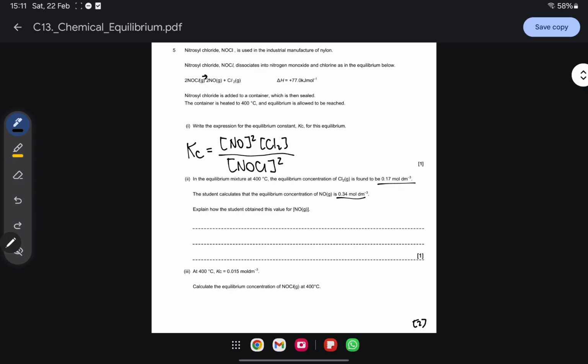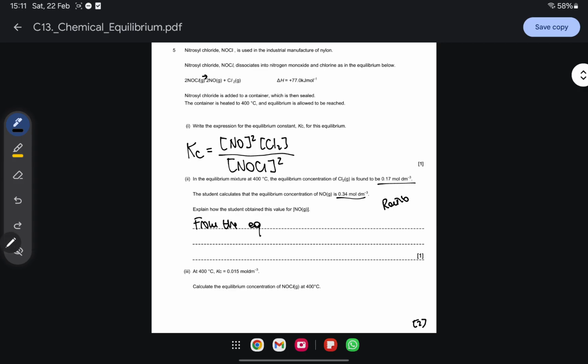Now, think about even setting up the RICE table. Of course, there's no need for calculation here, but you can really imagine it. What is the relationship between the changes? It's the ratio. When you do calculations, in the back of your mind there should always be ratio, ratio, ratio. In fact, this is calculated from the equation.